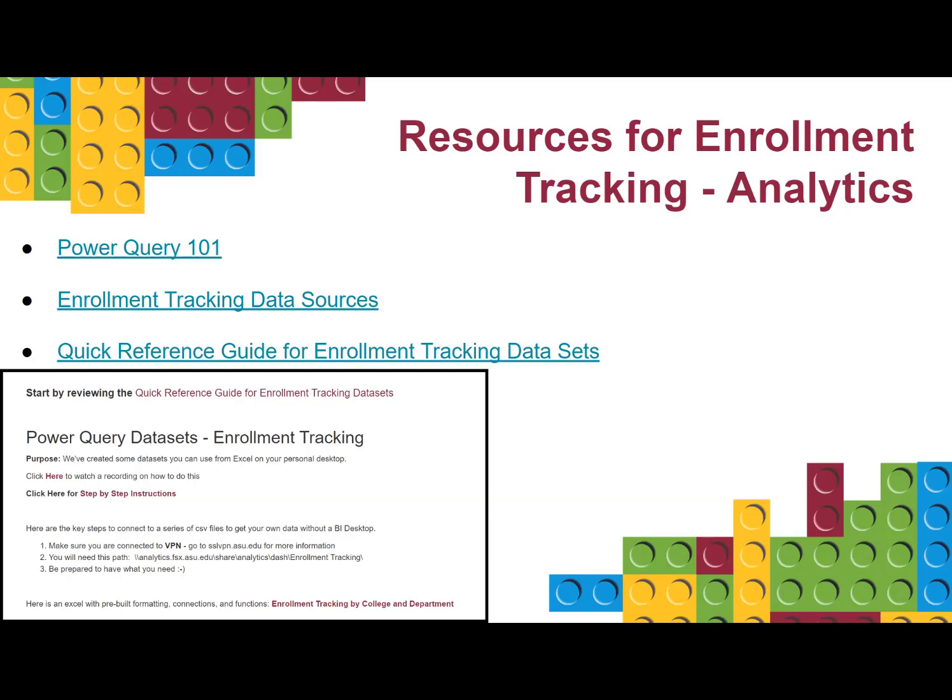It'll give you reference to how to get to the link I shared on the last page. It also has the second one, which is the quick reference guide for enrollment tracking. And that gives you everything about the different tables that we use, the different CSVs, what they're used for, when they're updated, and more information like that.